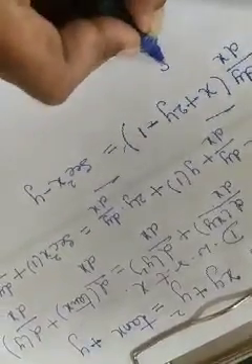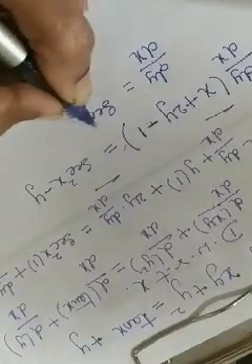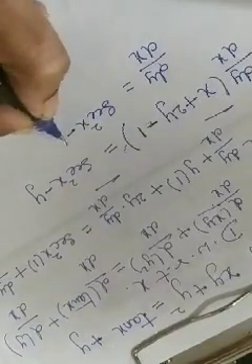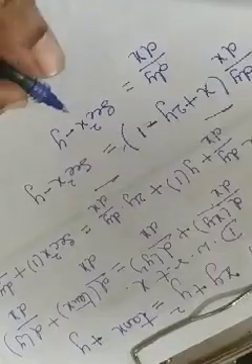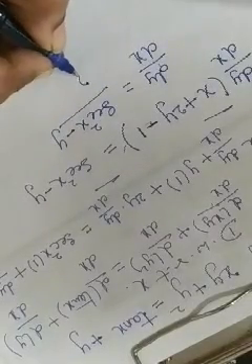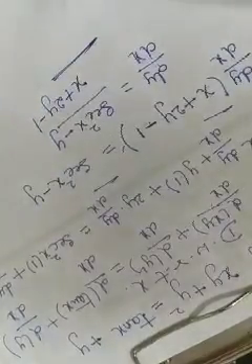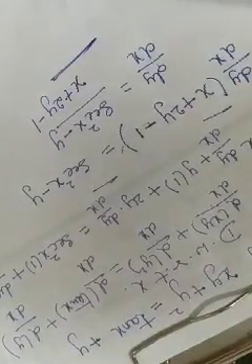Shift the y to the RHS, minus y. So the required answer is dy by dx is equal to secant square x minus y divided by x plus 2y minus 1.